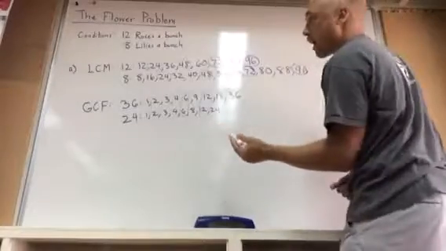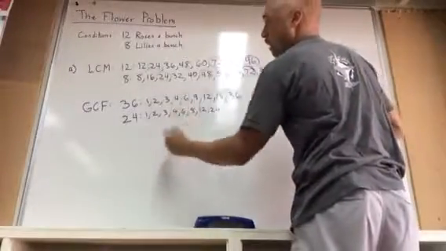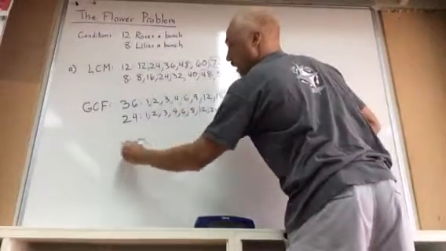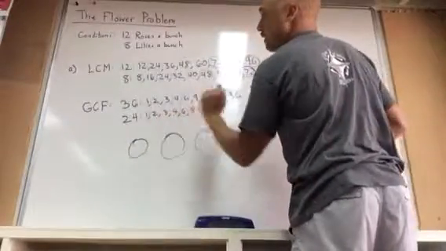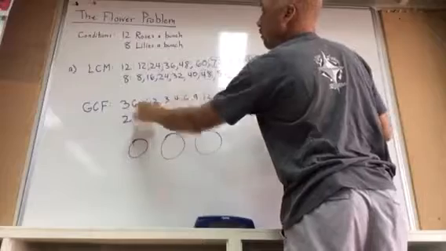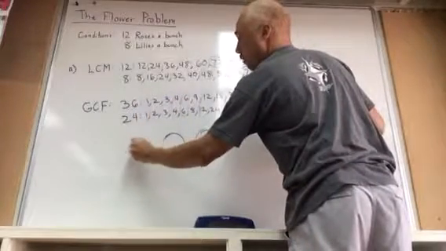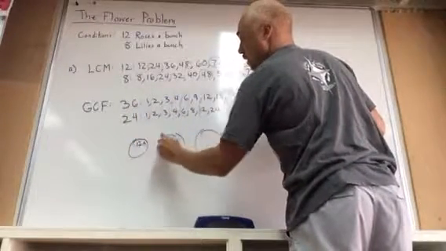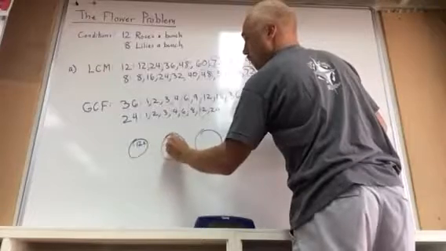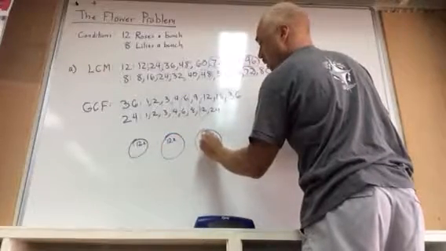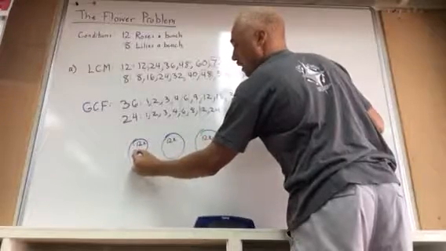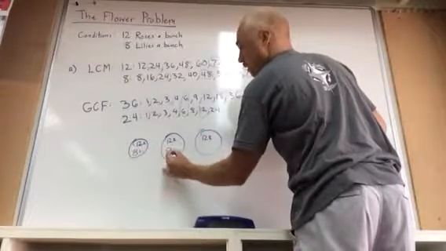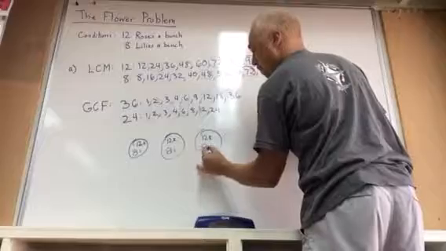So I could use 3 tables: table 1, table 2, table 3. And in each table, with 36 roses, I could give 12 roses to each table. And then I can give 8 lilies to each table.